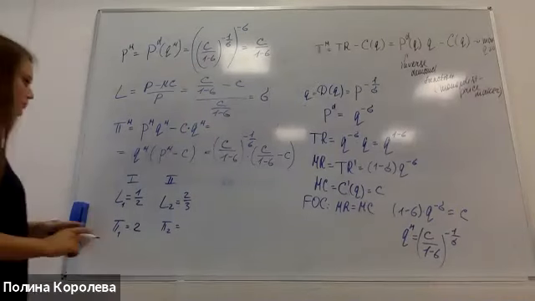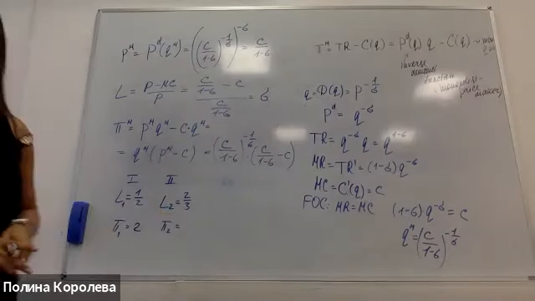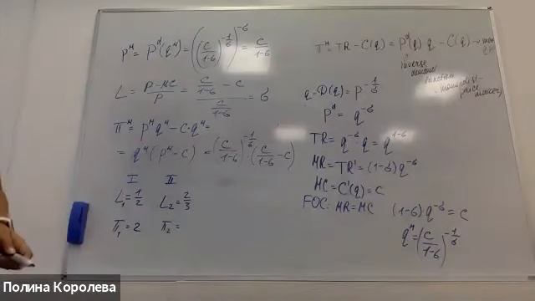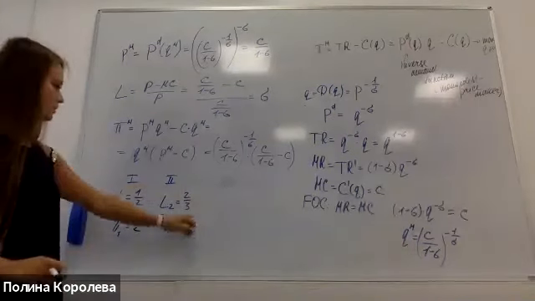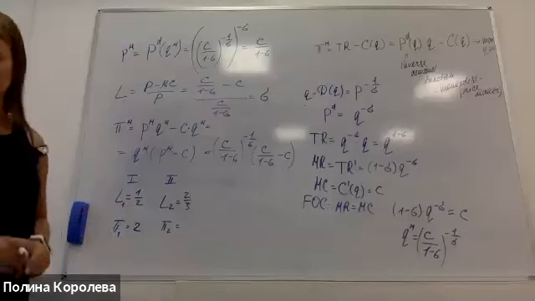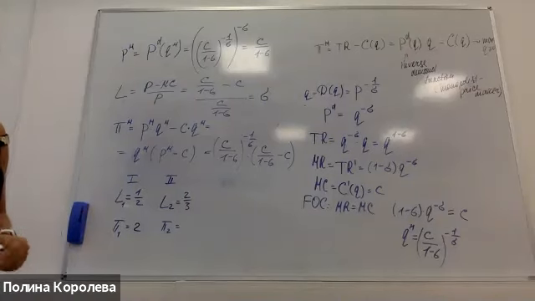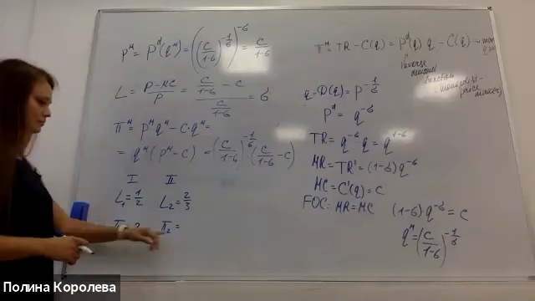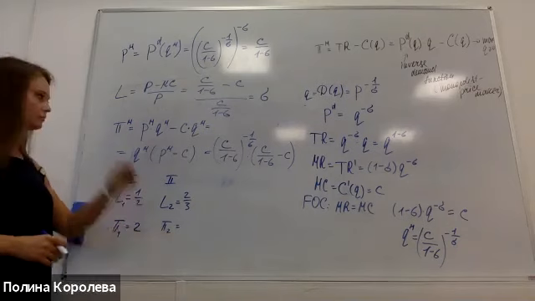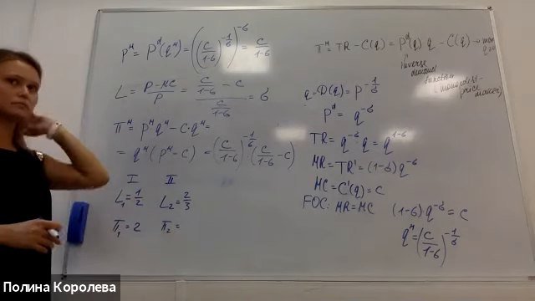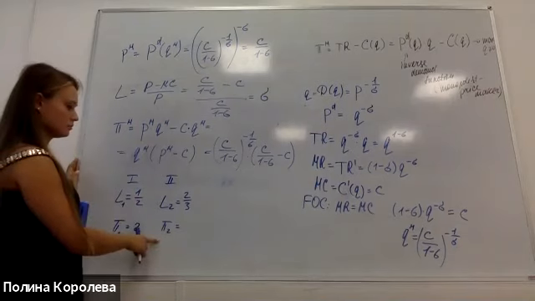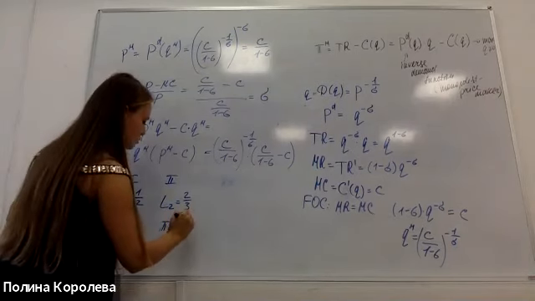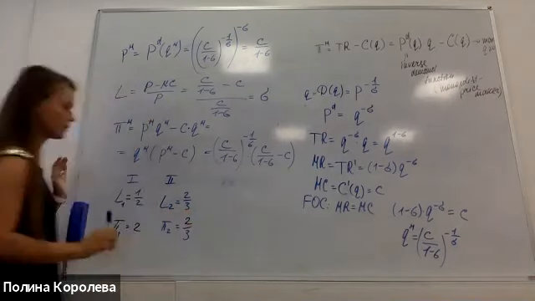No profit. Lerner index 2/3 and profit for the second market. Okay, there will be also 2/3.